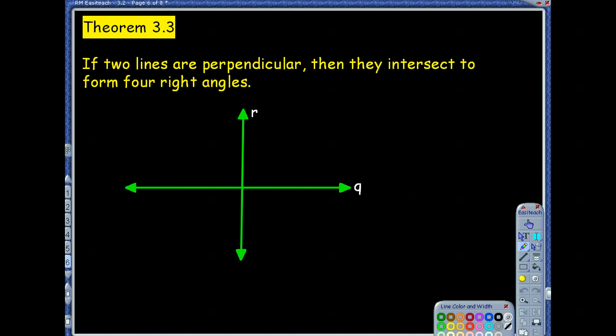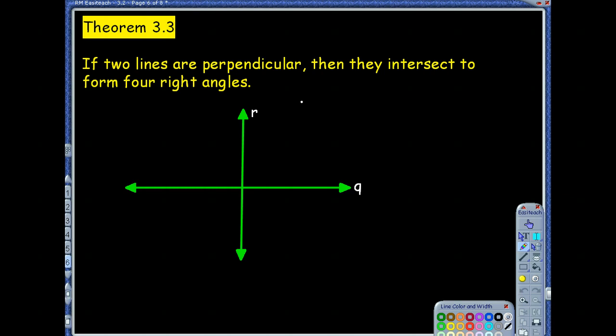Yep, here's one more. All right. Now this theorem says that if two lines are perpendicular, then they intersect to form four right angles. We've actually already talked about the definition of something being perpendicular. Well, technically we wouldn't say that it's the definition anymore, but this theorem just allows us to say it could be any one of those angles because they are all going to be right angles.